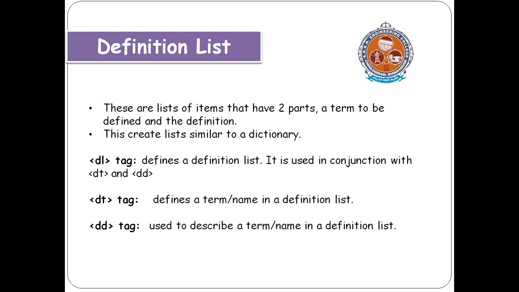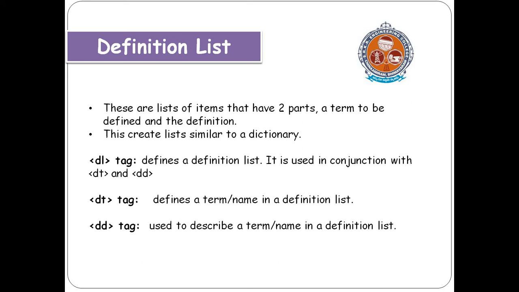Next, definition list. Many of you are already aware of what a definition is. For example, what is HTML? You have to define it. First of all, you have a subheading, HTML.